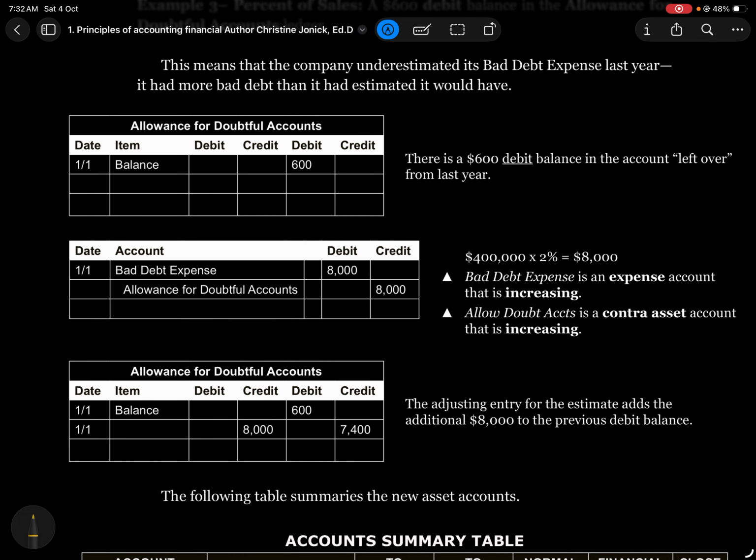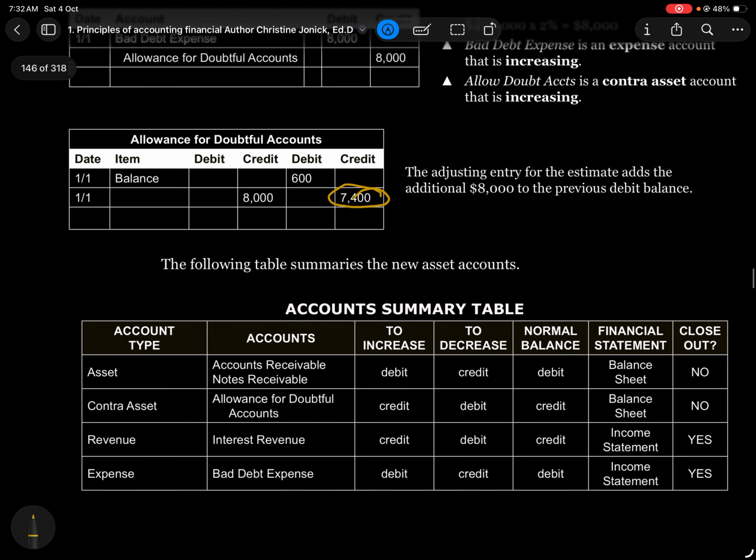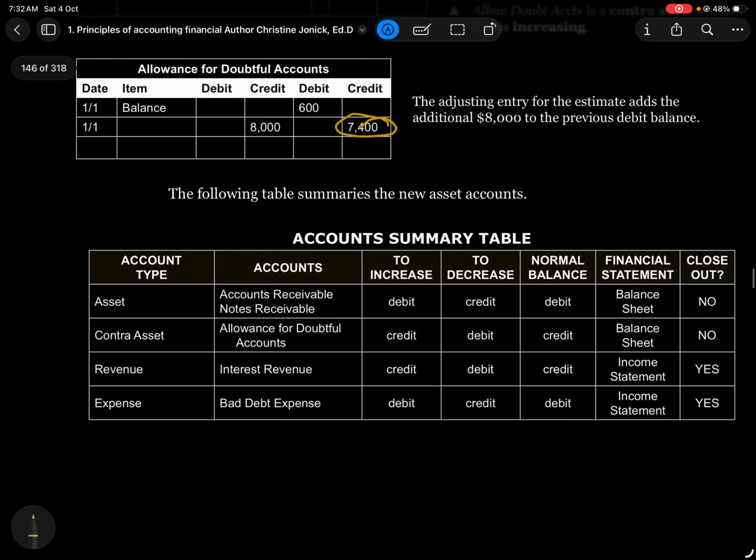Whereas it could be that there is an understatement and we would only be left with 7,400. So it could be multiple scenarios that could happen.